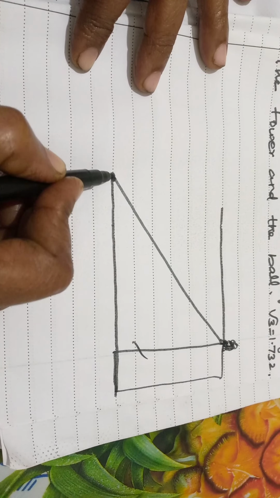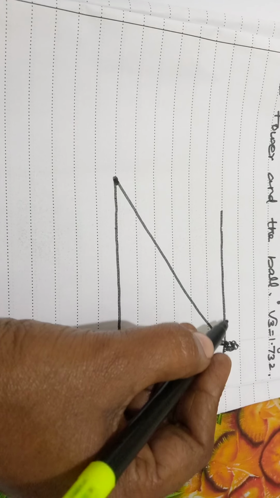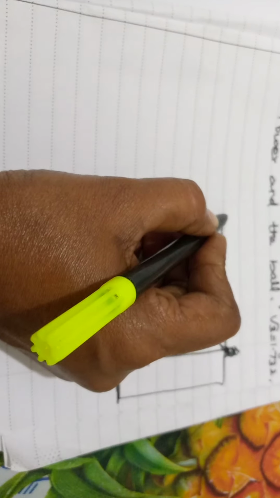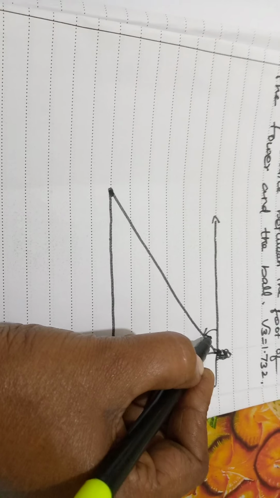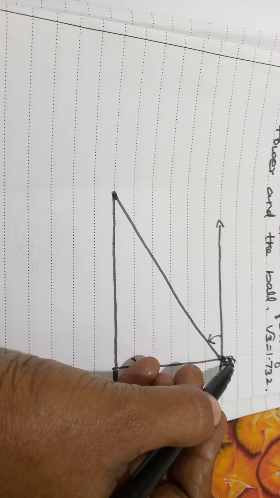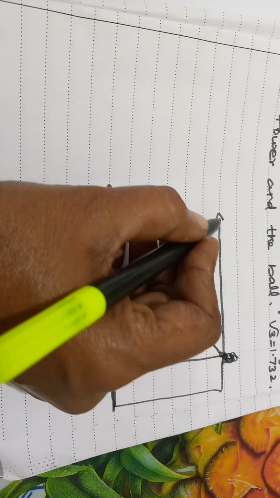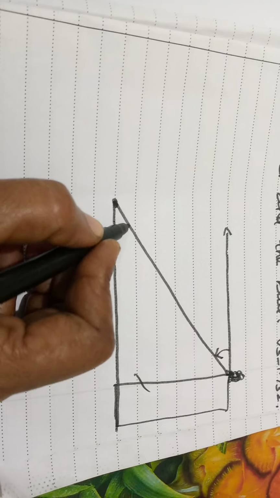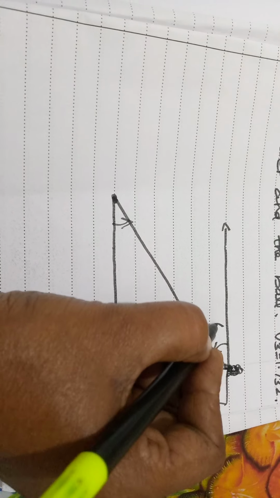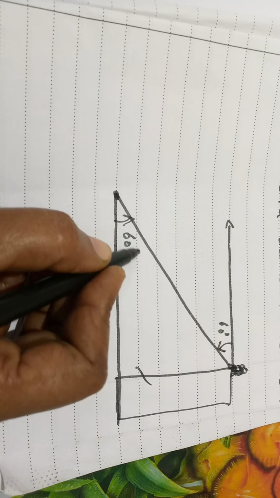The angle between the horizontal line and the line of sight is known as angle of depression. Angle of depression means the observer will be on top and the object will be down. See this, it is alternate angles. Alternate angles will be equal. So it is 60 degree angle of depression, so angle of elevation also will be 60 degrees.